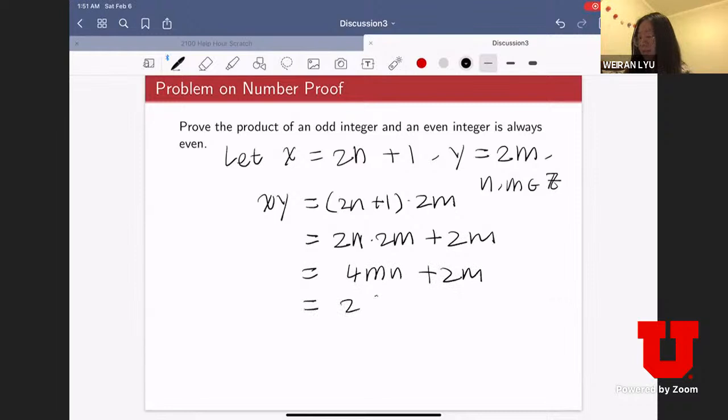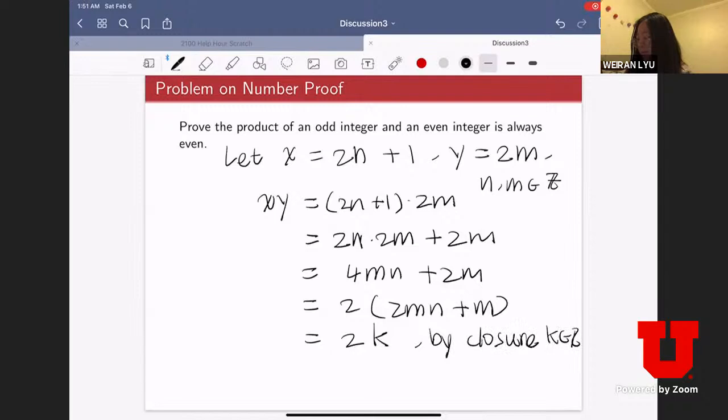And we can just take out the 2. And now we can use k by closure, where you have k as an integer as well. And thus you also want to write your conclusion: therefore, the product of an odd integer and an even integer is always even. And you're done with the proof.